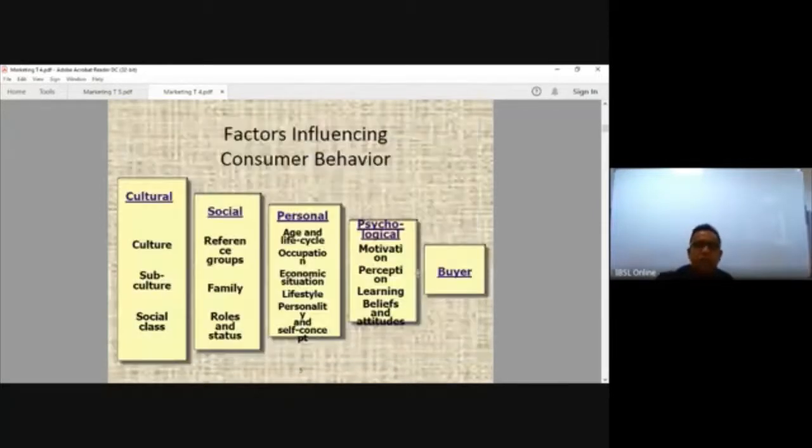Now, as I said, this black box is influenced by certain factors. So what are the factors that will influence our buying behavior? As people, we have different cultural backgrounds, we have different social backgrounds.